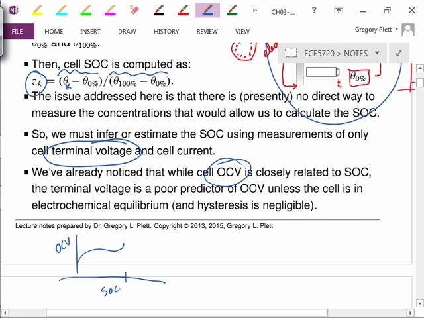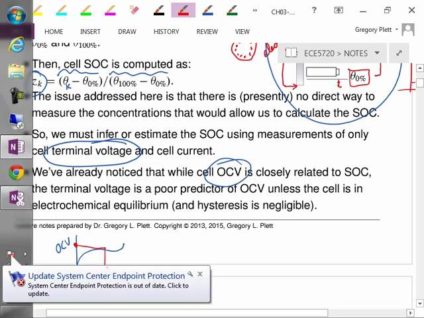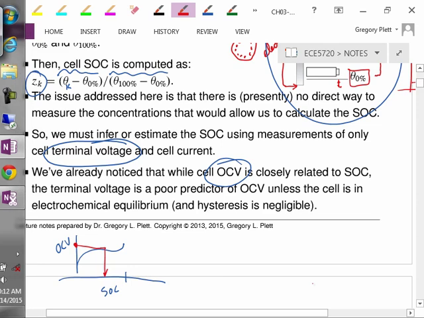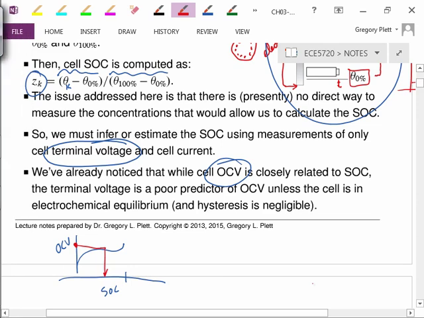And if I was able to accurately determine open circuit voltage, SOC is easy. I just take the open circuit voltage, come over here and go down there, and use this table, this relationship, whether it's a table or an equation or whatever, to determine the state of charge.